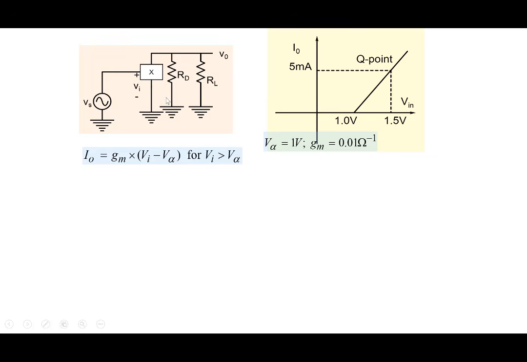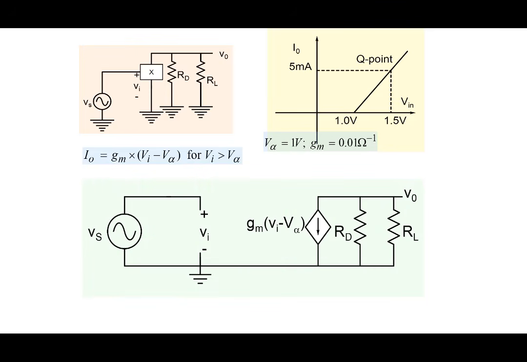Well, okay, so this is the AC circuit here. And note that for the AC part, we apply our sinusoidal signal here. From the input side, it looks like an open circuit because input resistance is infinite. This is Vi here. And from the output side, we can represent this characteristic as gm (Vi minus V alpha) when we are in this region.